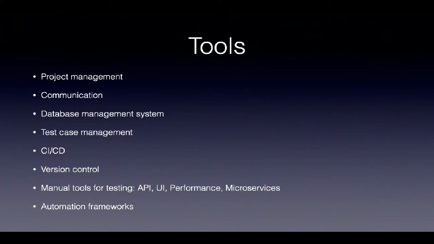For version control, you will mainly use Git. That is the most extended version control system. For manual testing, you will find a number of tools too, depending on what testing you want to do.